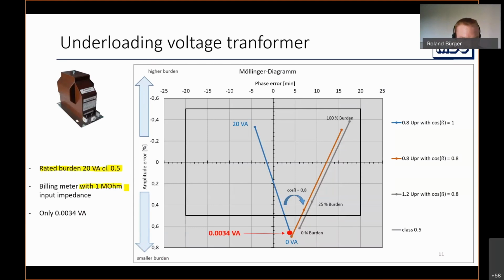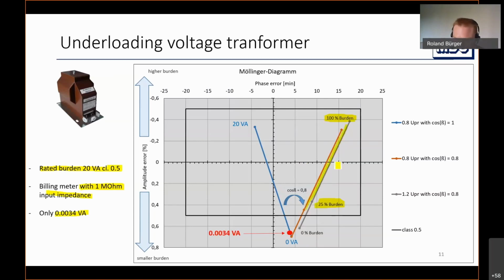Here we can see, for example, 1 megaohm, which means that we have only 0.0034 volt-amps. And the same as for a current transformer, the instrument transformer manufacturer only has to prove 100% burden and the quarter burden, 25%.